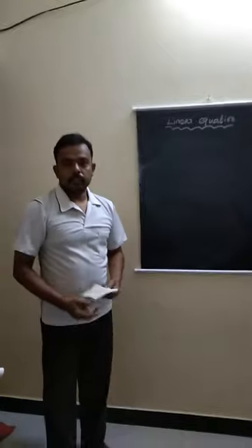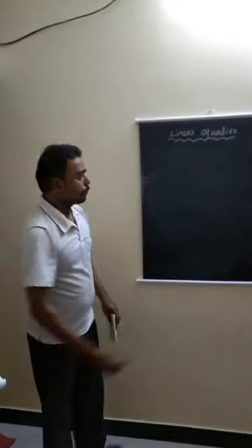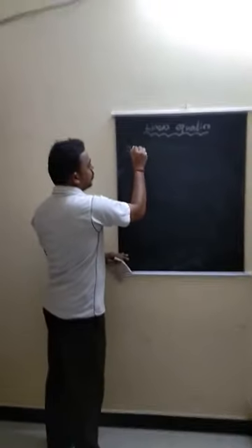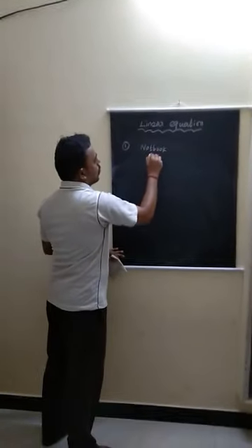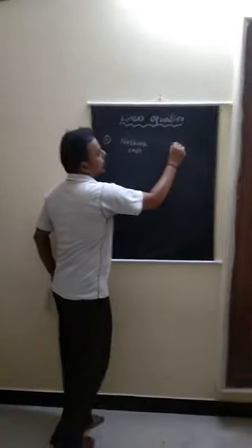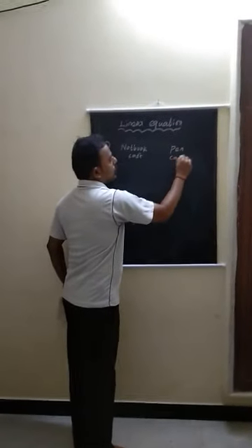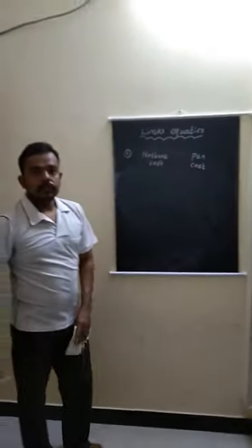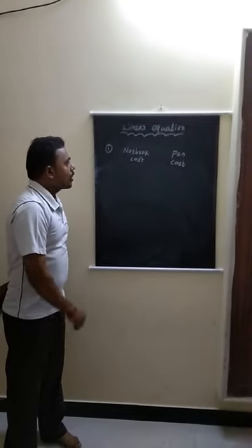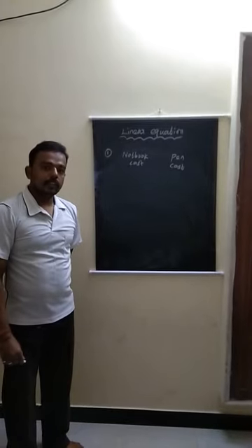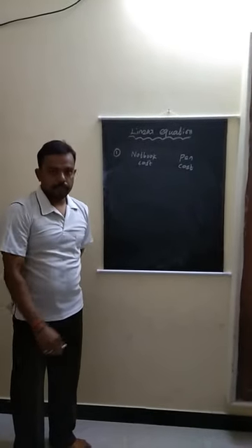in mathematics linear equation. For that first problem, notebook cost and pen cost given. So we need to introduce the variable. So they are given the cost of notebook is twice the cost of pen.